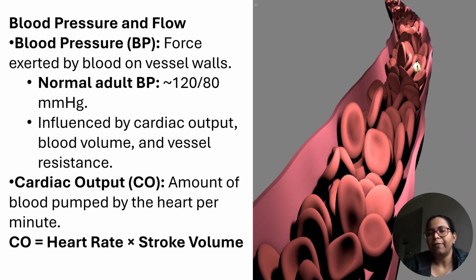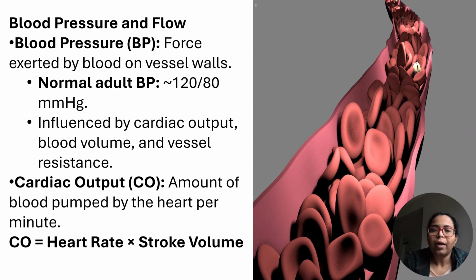What is blood pressure? Everybody knows about blood pressure, but who knows what it actually means? Blood pressure is the pressure exerted by the blood flow on the walls of the blood vessels.